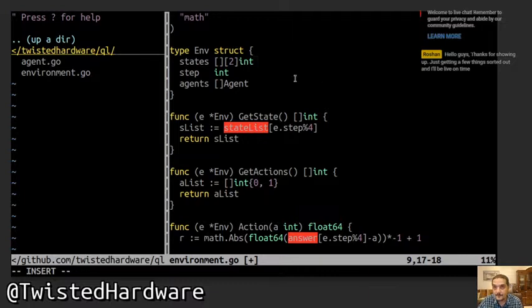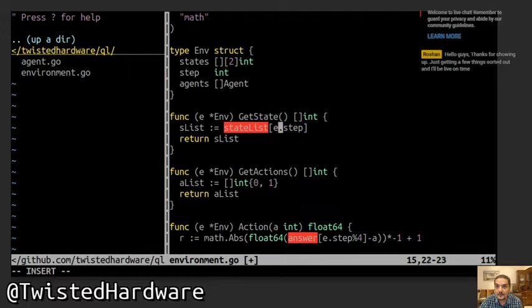Okay, I have the step, so which step are we in? So it will start at the first day, second day, third day, fourth day, and it will keep going. So in here, the state would be e.states, I'll call it, oh sorry, step.